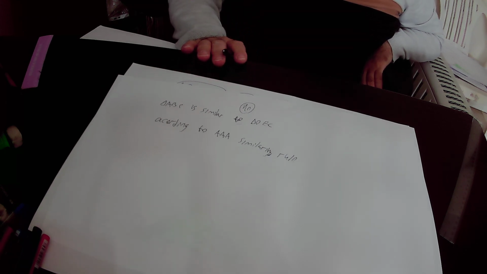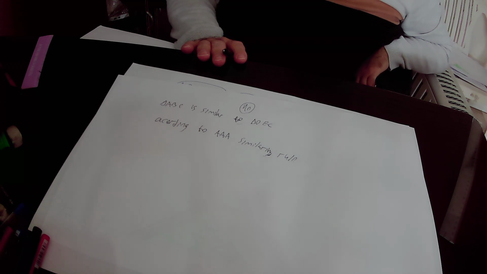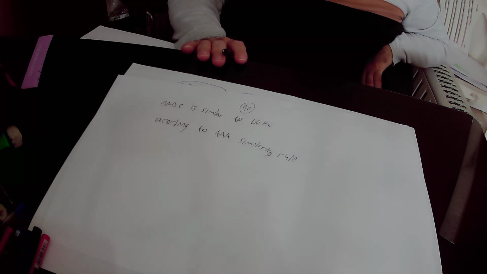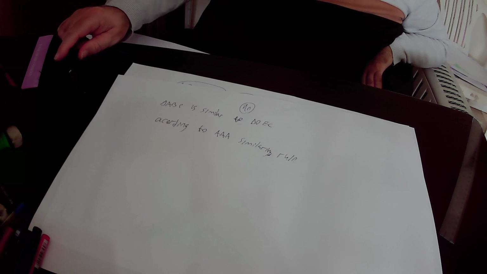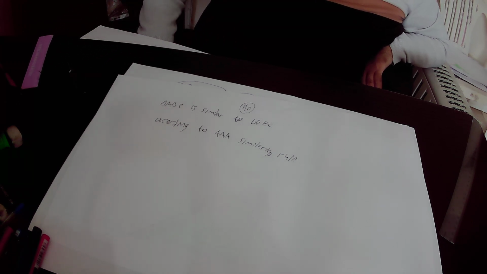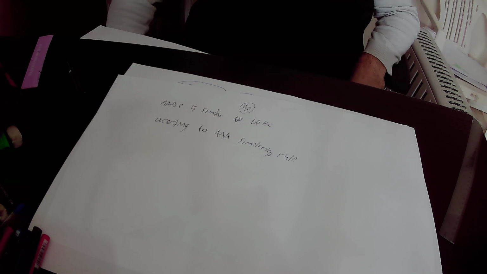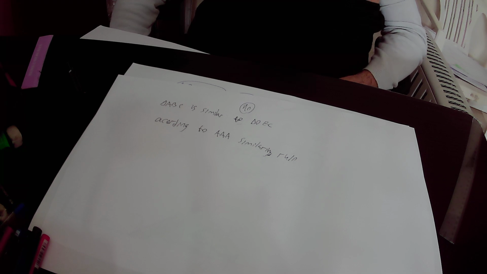So what is the angle similarity rule? The angle similarity rule is that if you prove that all three angles of one triangle are congruent to all three angles of another triangle, then you prove that the two triangles are similar to each other.